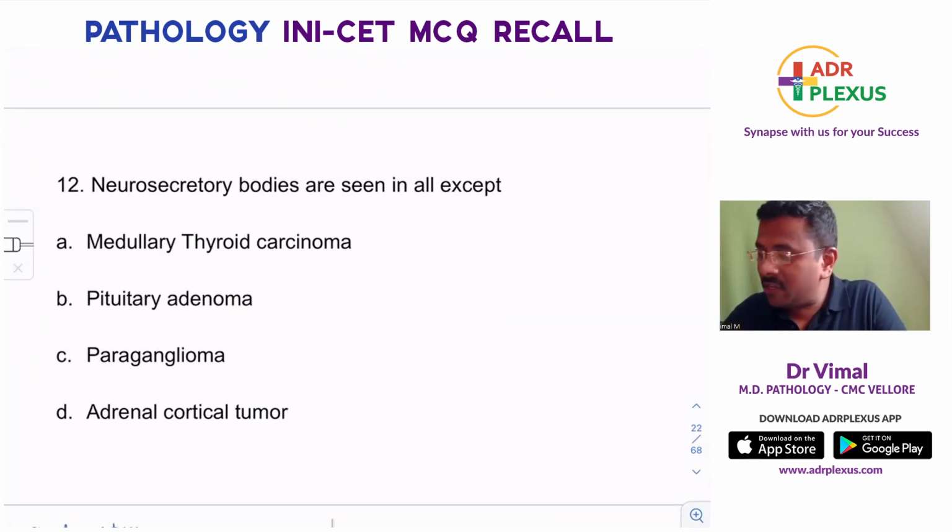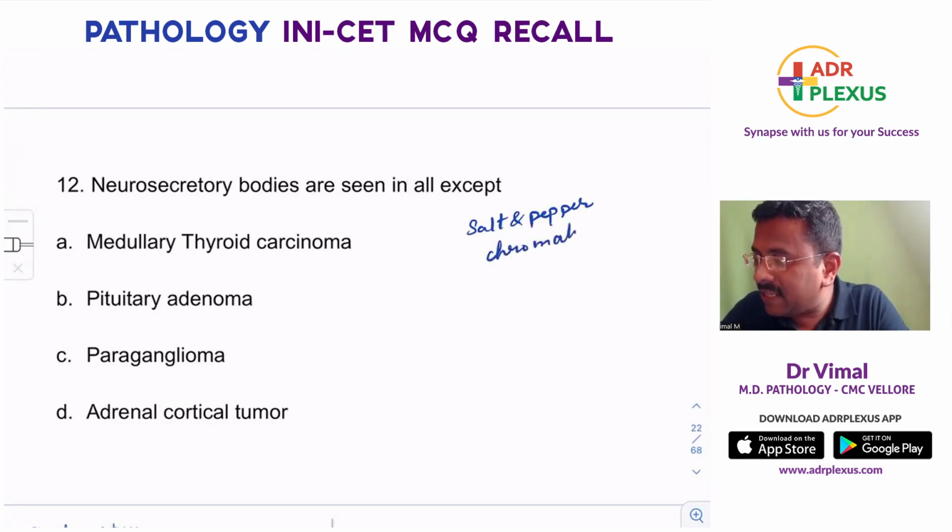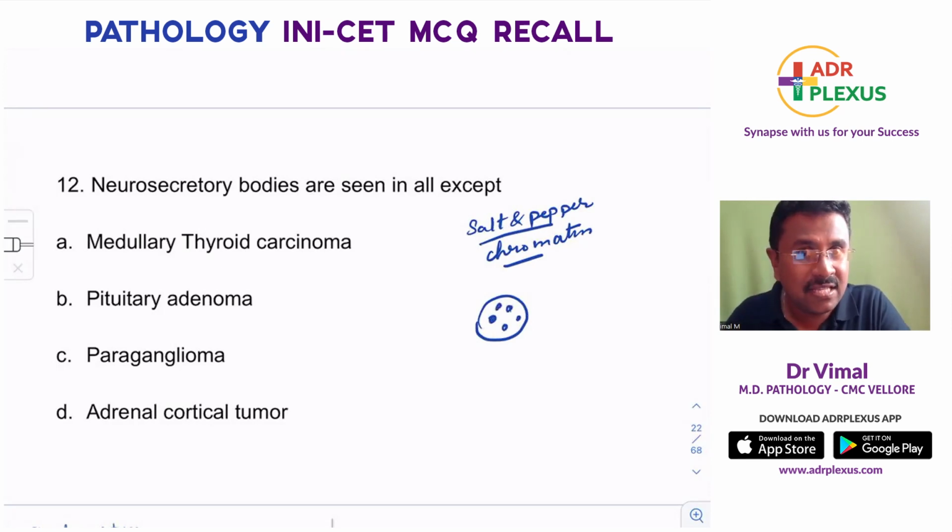This only gives you the salt and pepper chromatin in histopathology. Most neuroendocrine tumors will have this salt and pepper chromatin in histopathology, and similarly, in electron microscopy it is seen as dense black granules, the neurosecretory granules.